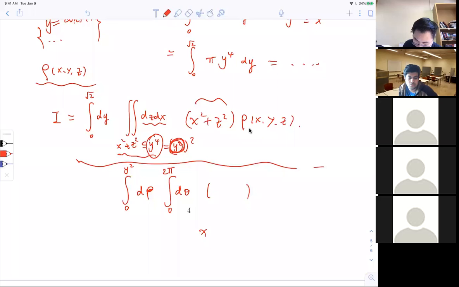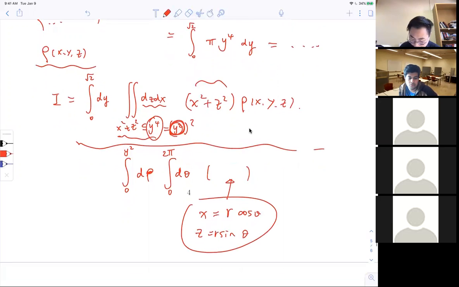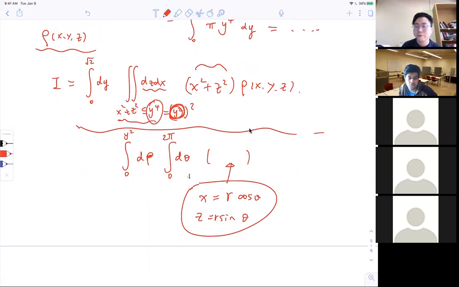Then you can use x equal to r times cosine theta, z equal to r times sine theta, and plug in and use the very common cylindrical coordinate to solve this problem.